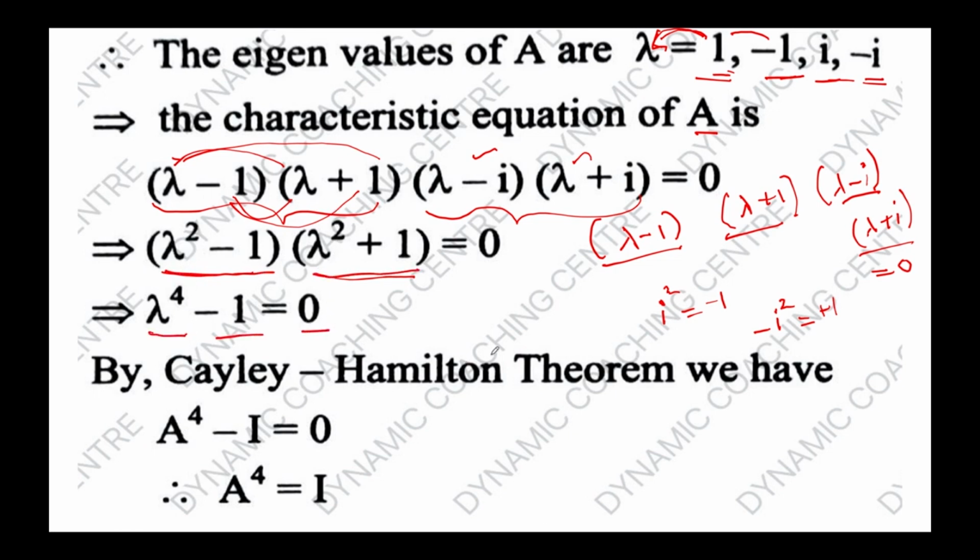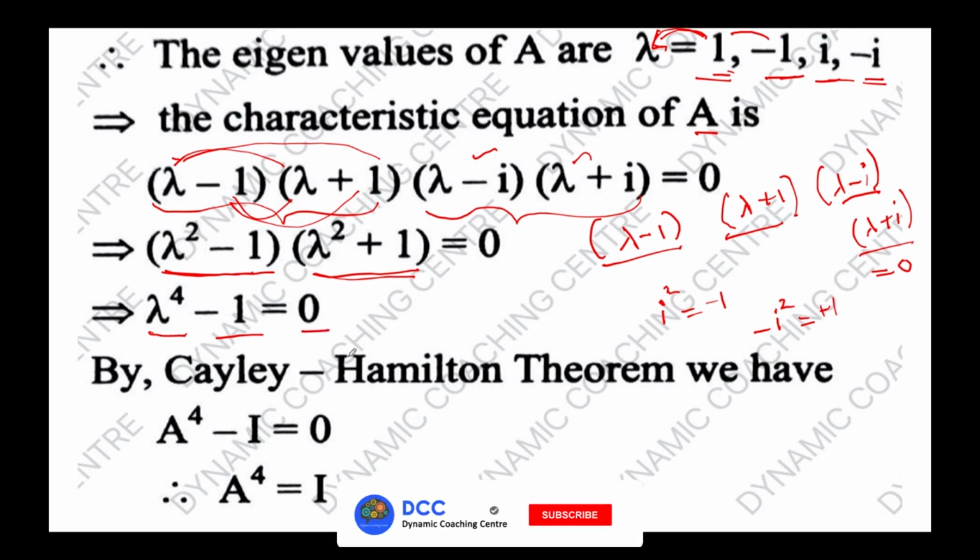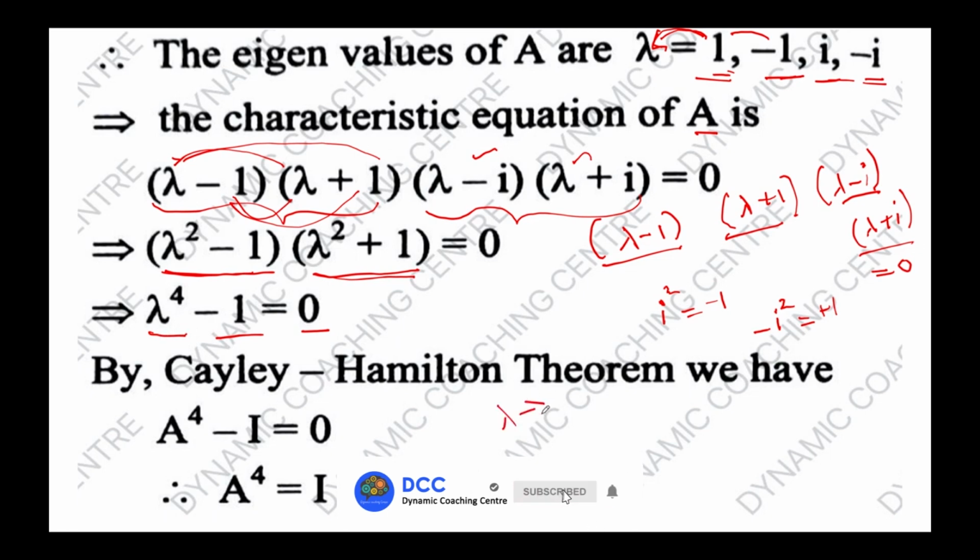So what was the Cayley-Hamilton theorem? It states that every square matrix satisfies its own characteristic equation. So what I can do is, instead of lambda, I can substitute the matrix A itself, right? So it will be A power 4 minus I, where I is the identity matrix, equal to 0.